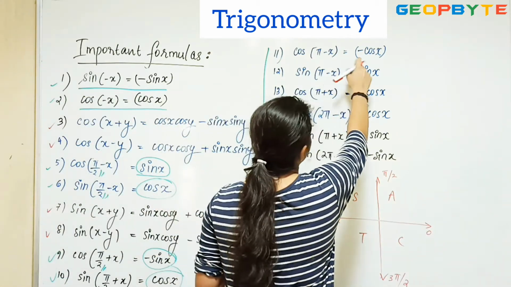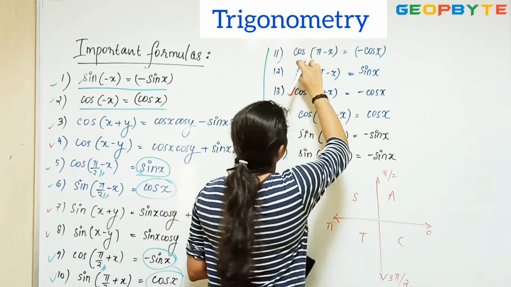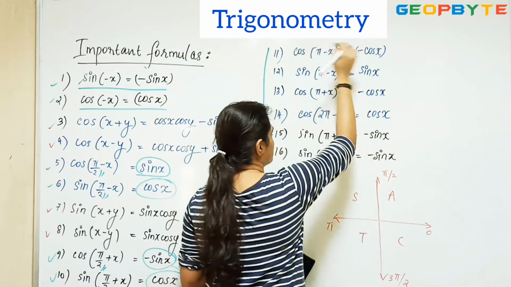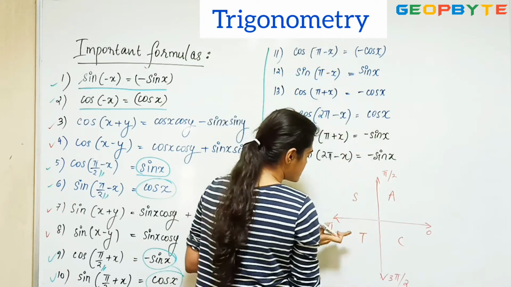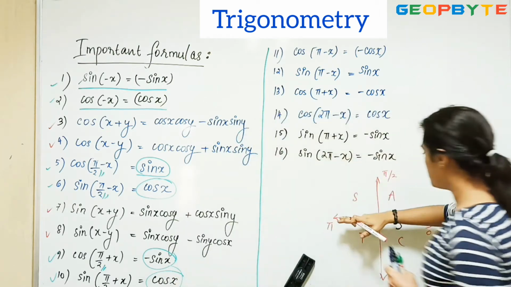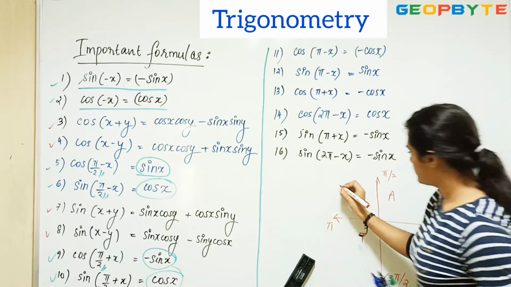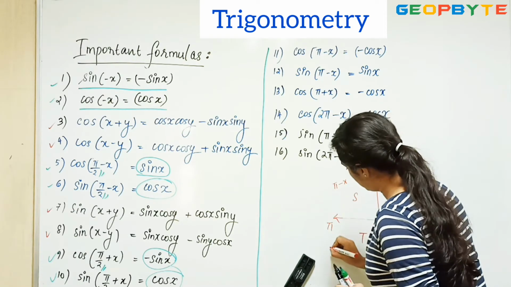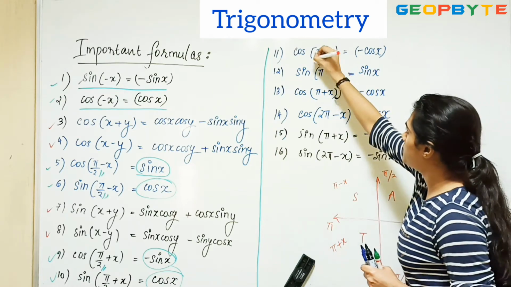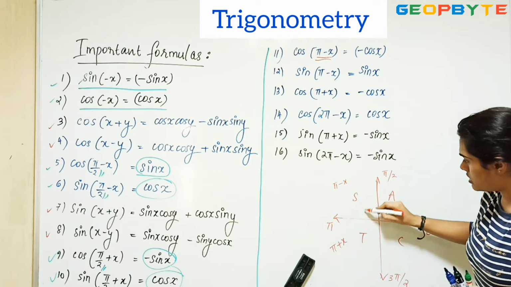Now, cos of pi minus x is equal to minus cos x. How is it minus cos x? See, it's pi, so it should be cos only. The same function is continued. This is my pi. Pi minus x is this side, and pi plus x is this side. So pi minus x will be in this quadrant.